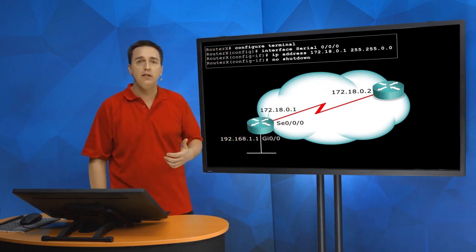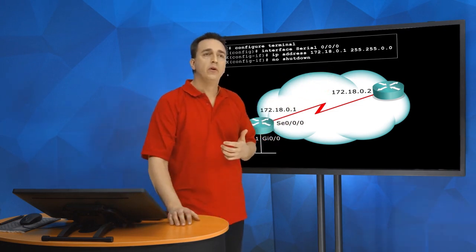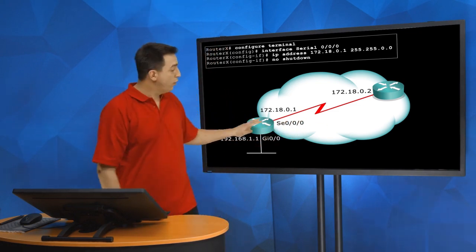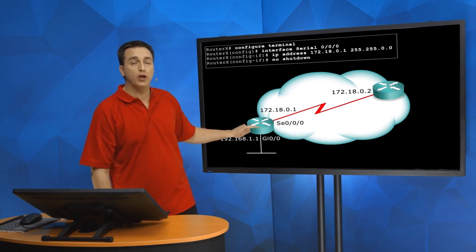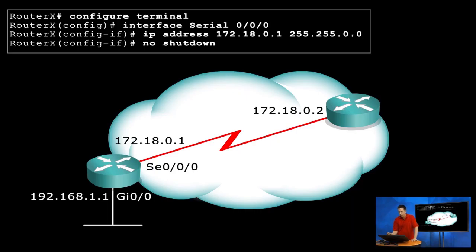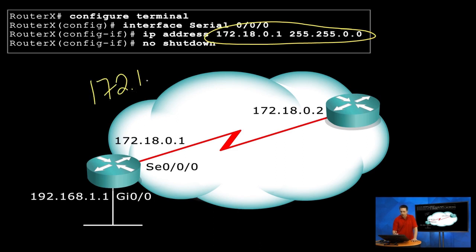Now, since I have an IP address on an interface, and the interface is now up because I enabled the interface, what's going to happen? Well, the router is going to determine what the network ID is of this. What's the network ID? So the network ID is going to be, in this case, 172.18.0.0/16.